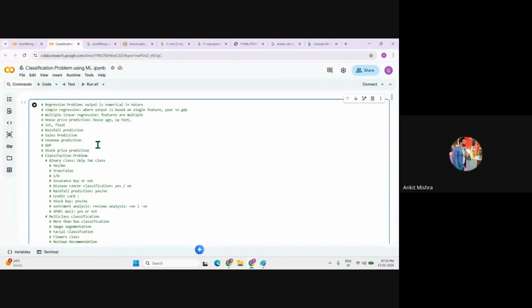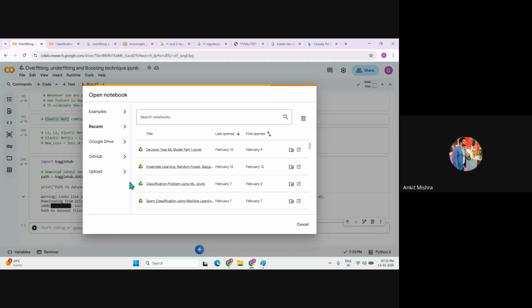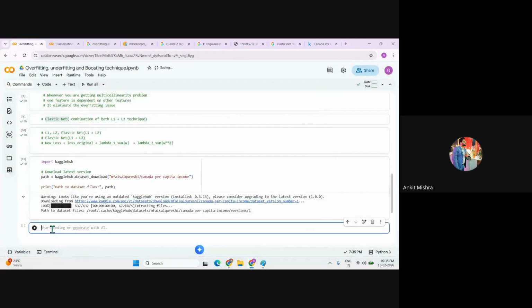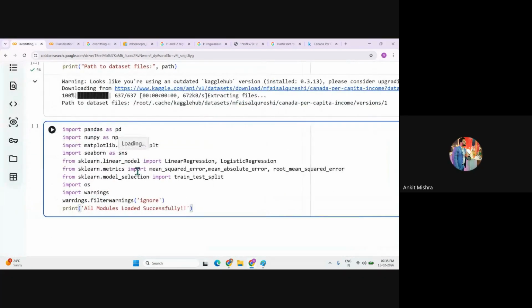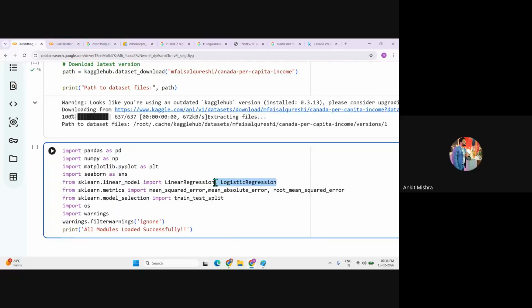We don't want to write it manually again and again. I don't want to use logistic regression, because the problem we have right now is linear regression. So let me remove this, and we can use mean square error, mean absolute error, and root mean square error, because the problem is related to regression.